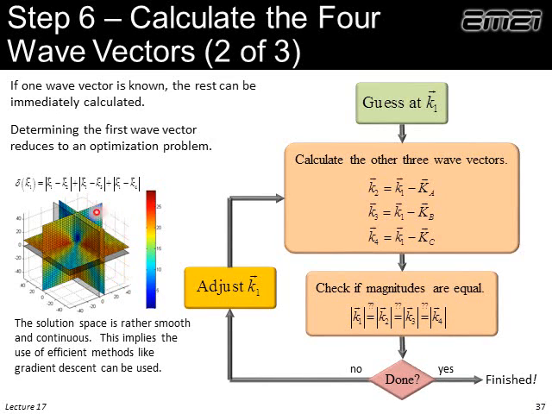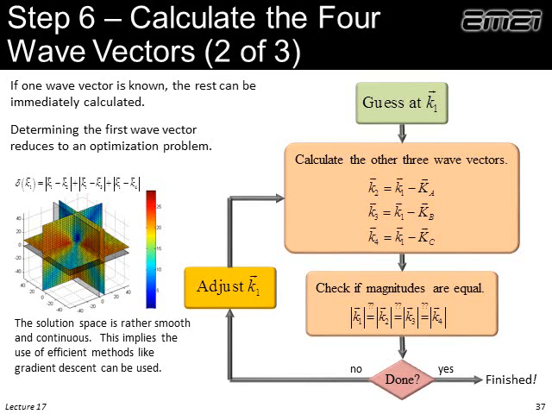So if we look at this, here's our space, and the 3 axes represent all our choices for the 3 different components of K1 and what the error would look like. We're trying to minimize the error. So we're trying to get the dark blue, if you will. And that's the valid choice for K1. So this is a pretty smooth, continuous solution space, and the conclusion is we can use something like gradient descent.